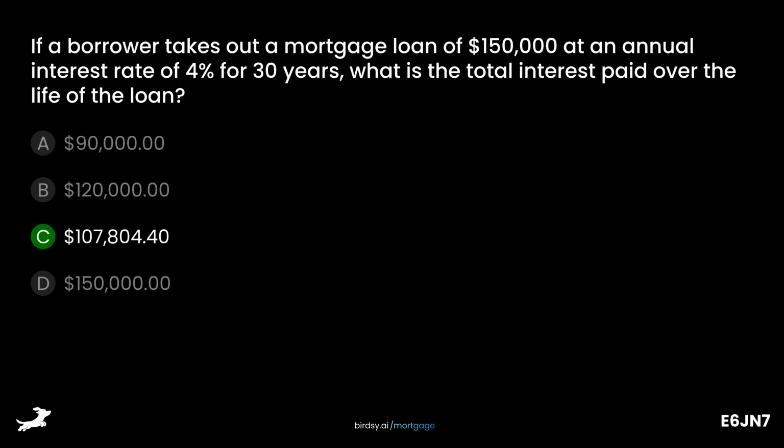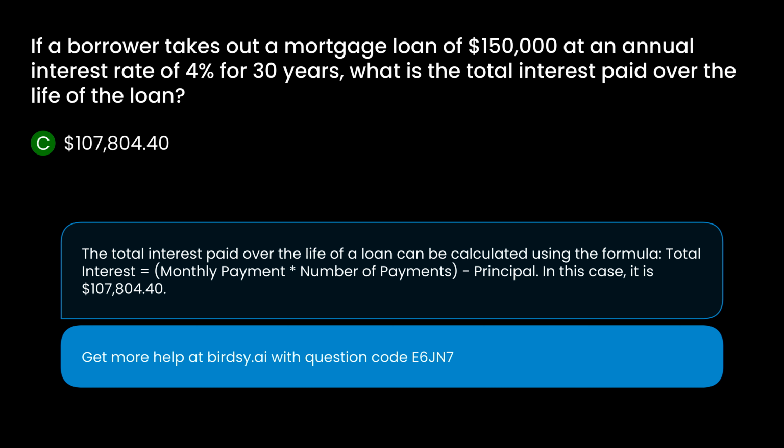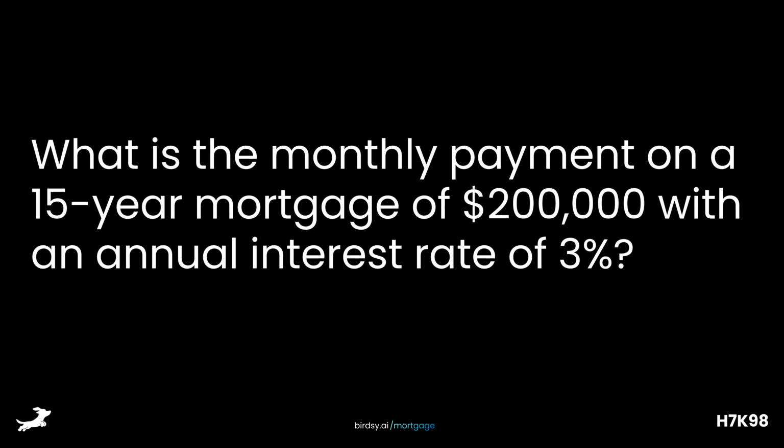The answer is C, $107,804.40. The total interest paid over the life of a loan can be calculated using the formula: total interest equals monthly payment times number of payments minus principal. In this case, it is $107,804.40.